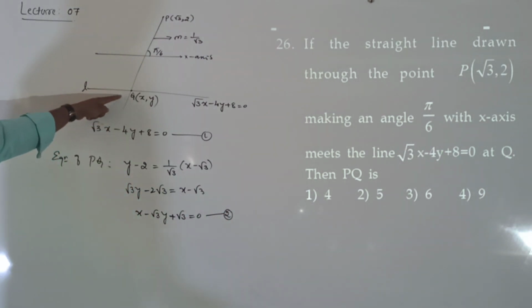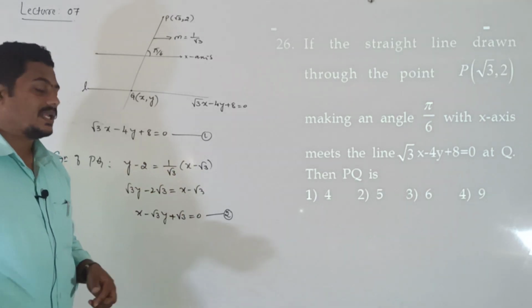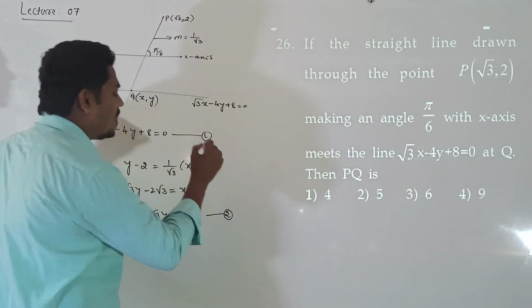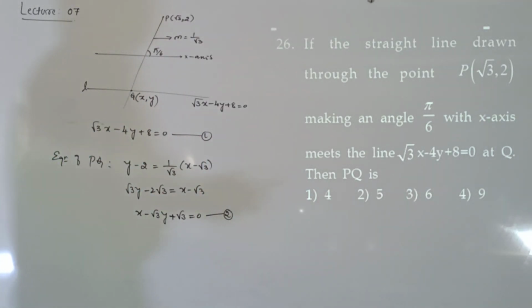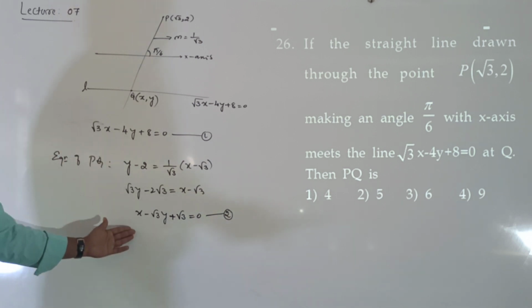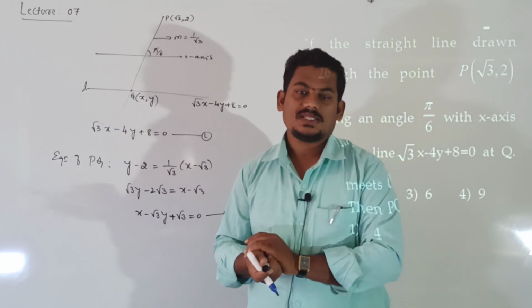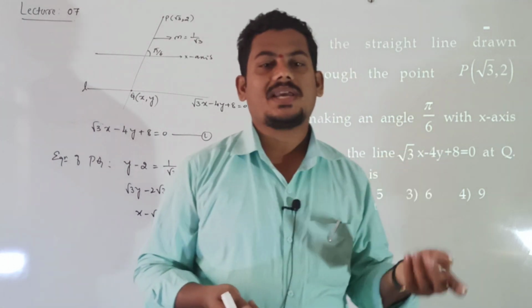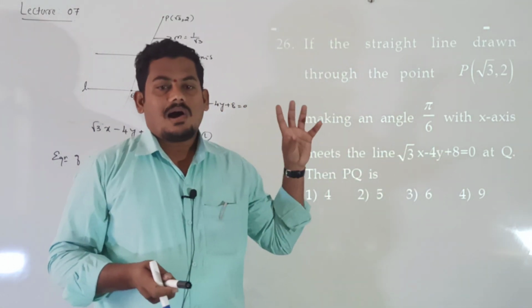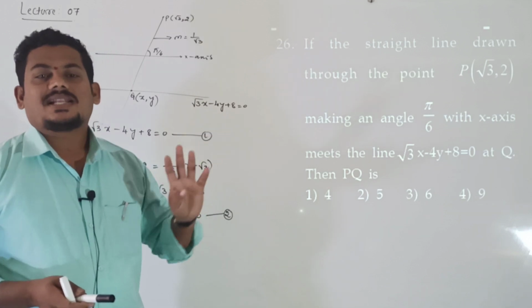Point Q is nothing but the intersection of the given two lines. Just solve equation number 1 and 2. Solving equations 1 and 2, a linear equation in two variables, you can use any one of the methods: equalizing coefficients, elimination, cross multiplication or substitution.